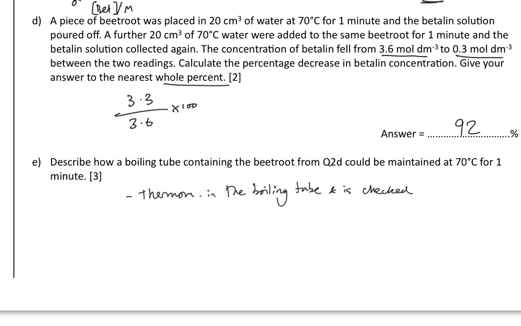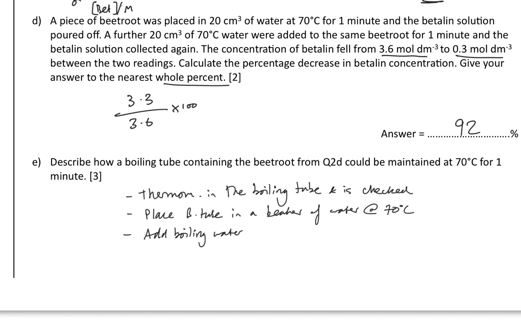I'm checking the thermometer in the boiling tube, and then I'm going to place the boiling tube in a beaker of water at 70 degrees C. It's going to cool. Therefore, I need to add boiling water, or heat with the Bunsen burner.